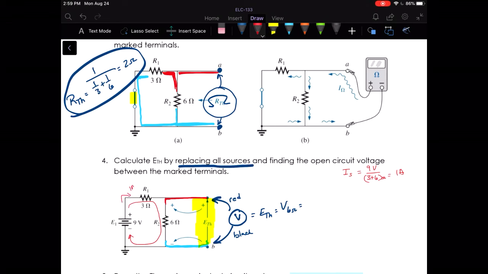So 1 amp of current means that I've got 3 volts drop across my R1, and my drop across that 6 ohm resistor is 6 volts. So E Thevenin in this case is just the 6 volts.